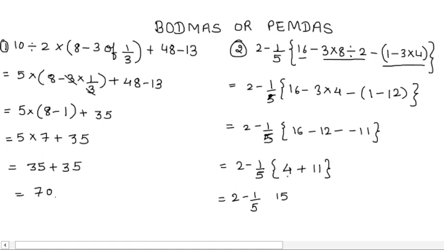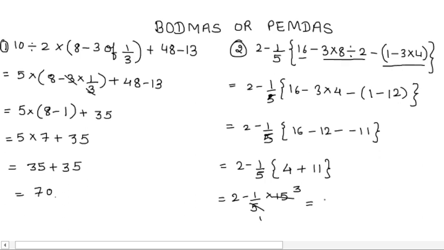Whatever is the outcome of this bracket, it has to multiply with 15. So I put a multiplication sign here. Now again, multiplication has to happen first before subtraction. So 5 is in the denominator, it cancels out 15. 5 times 3 is 15.